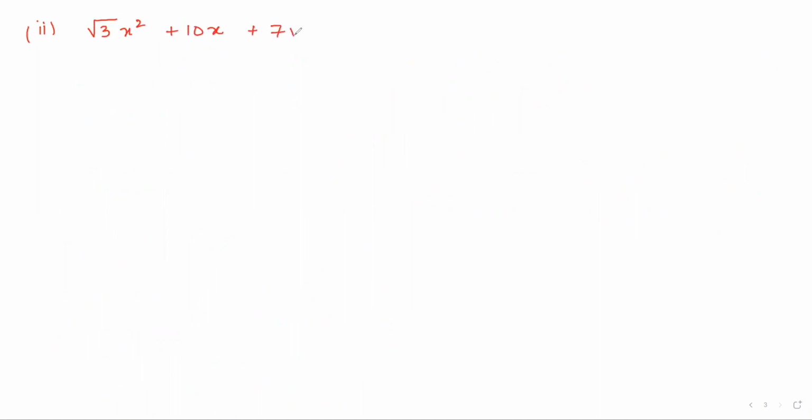Arshia, were you able to solve it? No, ma'am. I actually did only the starting two, and in the second one I think I made a mistake. Okay, let us solve it. First of all, we multiply the first and last terms. So this is 7 under root 3 into under root 3, right?